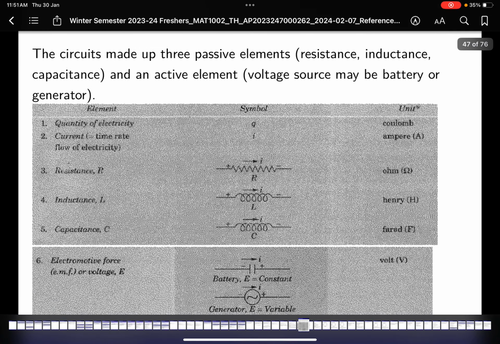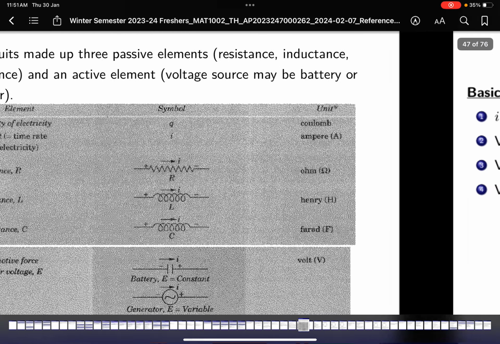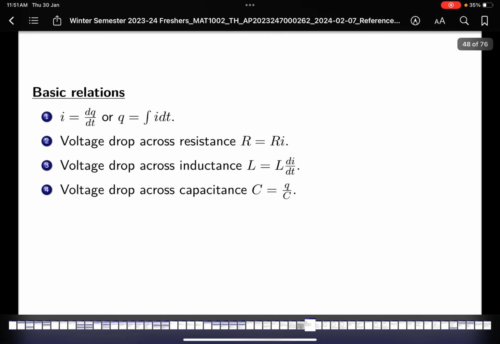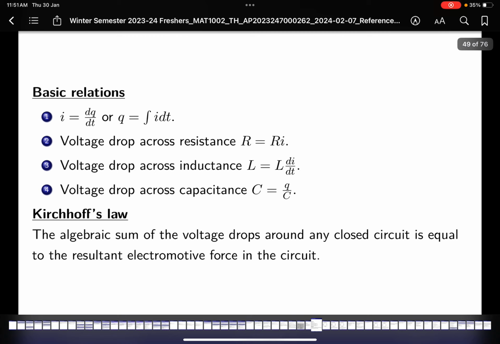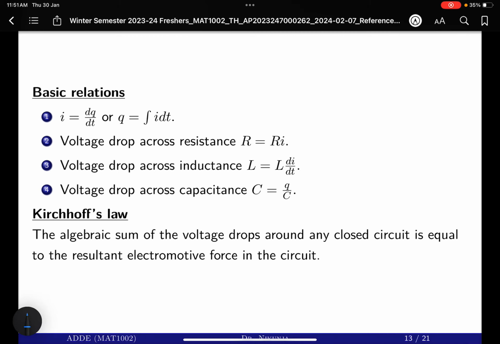Now the next application is Kirchhoff's law. You already know from physics the idea of Kirchhoff's law. For that, the basic relations you have are the current I, then the voltage drop across the resistance, inductance and capacitance.